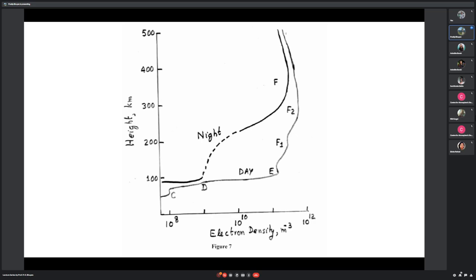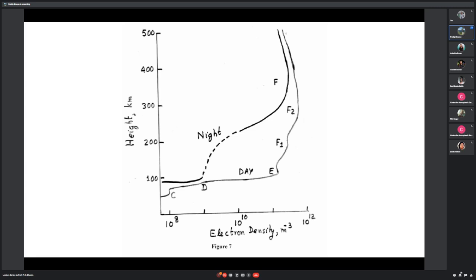Okay, then F1 and F2: E, F1, F2. But at night, you will see only E and F. F1 normally disappears at night.